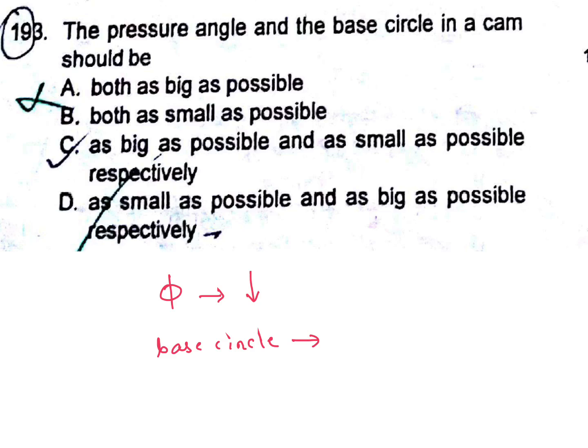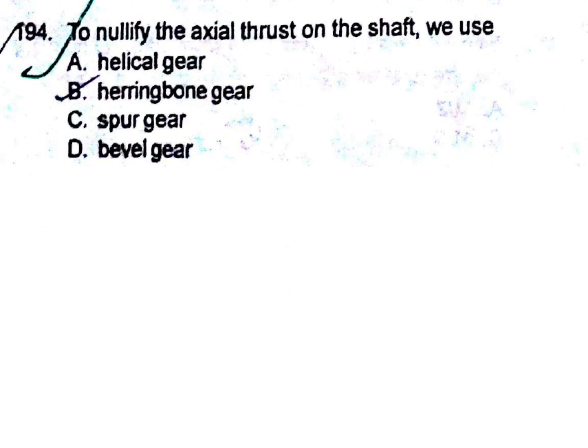Option A, both as big as possible, no. Both as small as possible, no. Pressure angle as big as possible and base circle as small as possible, no. Pressure angle as small as possible, correct, and base circle as big as possible. D is the answer.